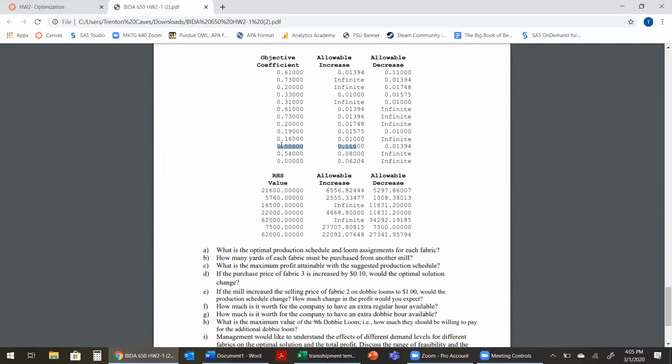So that does not change the optimal solution. A similar question is if the purchase price of fabric 4 increased by 10 cents, would the optimal solution change? Can anybody answer that? It would? Yes.